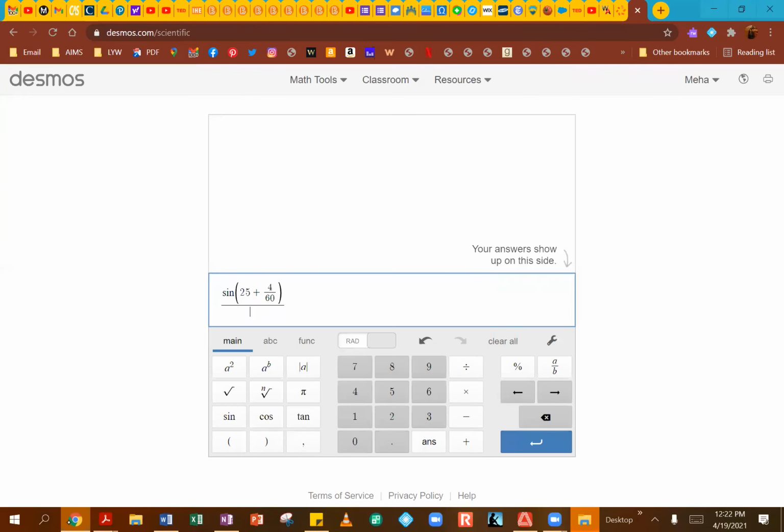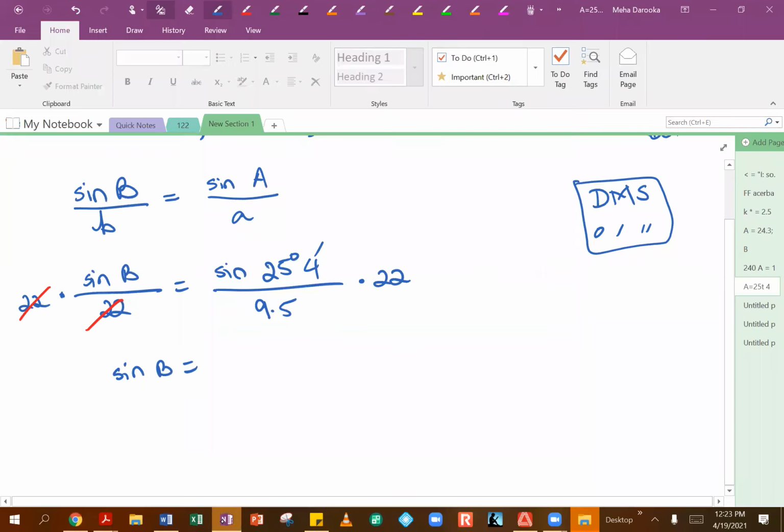And then we're dividing this by 9.5 and then multiplying by 22. So this will be your answer for the sine of B, when you simplify that right-hand side. So this could be a workaround if you are using an online calculator that does not have degrees and seconds on it. But like I said, with your handheld calculators, if you have those degrees and seconds, then it definitely makes your calculation a lot easier.